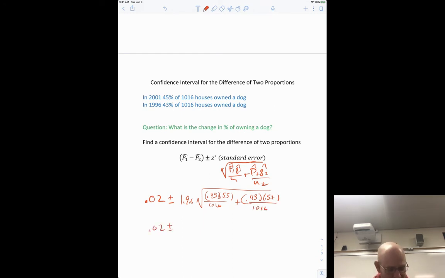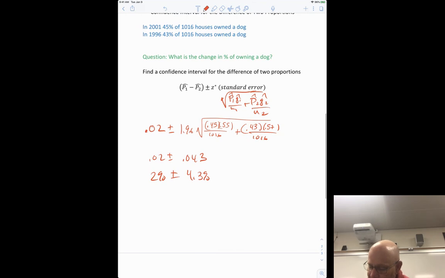Give me a second while I punch my calculator. It's 1.96 times the square root of 0.45 times 0.55 divided by 1016 plus 0.43 times 0.57 divided by 1016, which is 0.043. So again, if we're writing percent, it's 2% plus or minus 4.3%. Or you could write that as negative 2.3% to 6.3%.